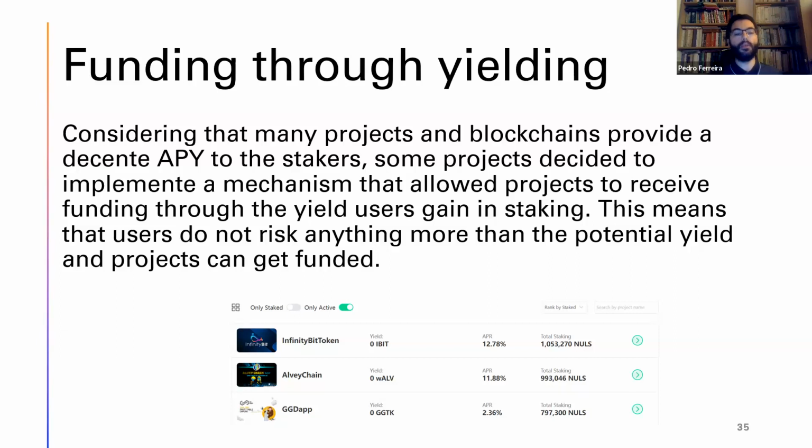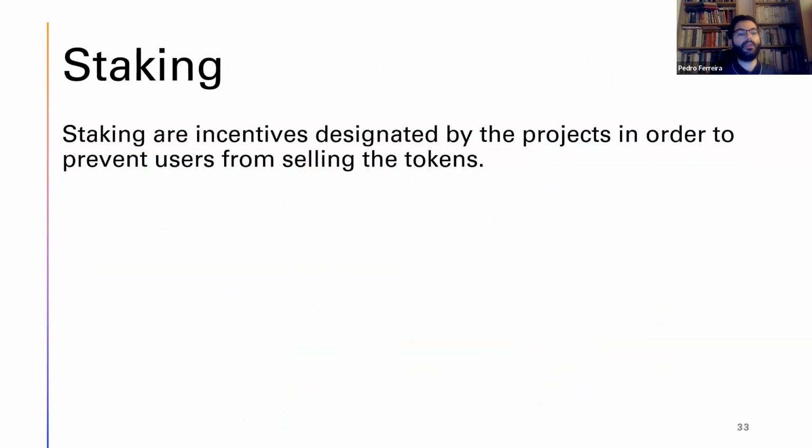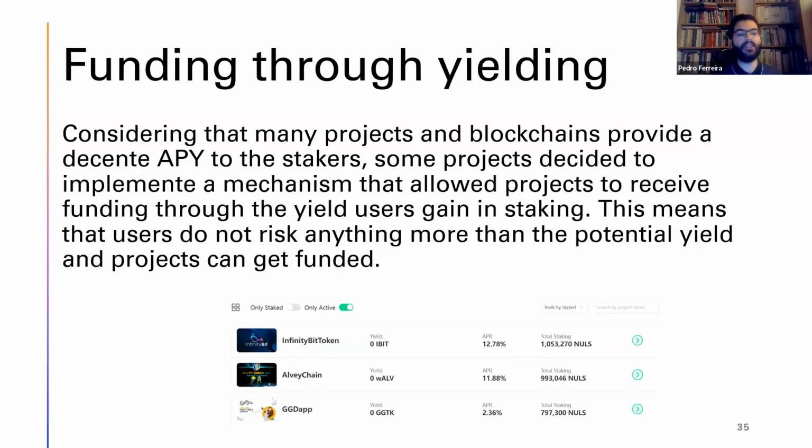What did they do? Basically, in staking, imagine that you have Ethereum and you deposit your Ethereum staked. You stake Ethereum in order to win a yield. And that yield, instead of going to you, you decide, okay, I'm going to invest this yield in a project. And in exchange for the yield going to the project, you receive the tokens of the project.